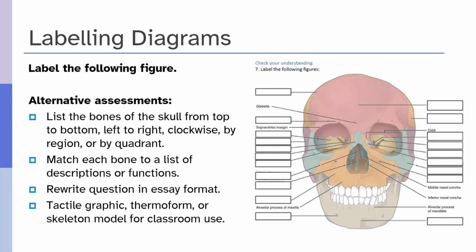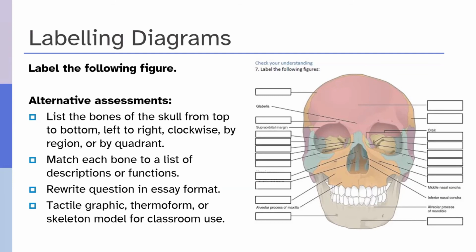Some alternative assessment opportunities for this kind of question where you're asked to see something and provide labels for what you see. If someone cannot do that, then there are some alternative assessment strategies.